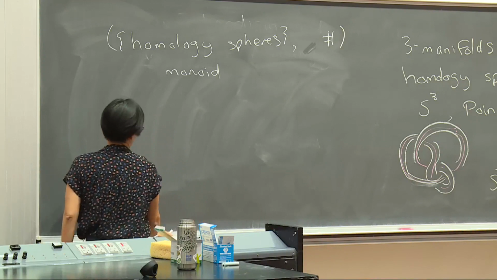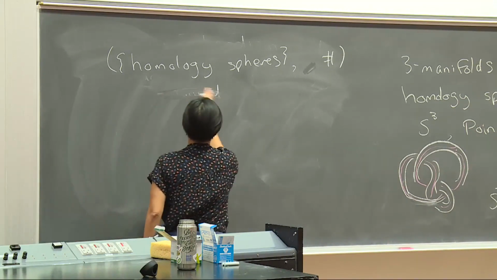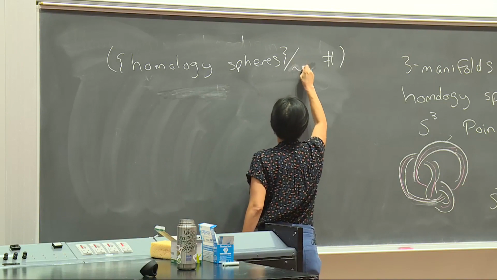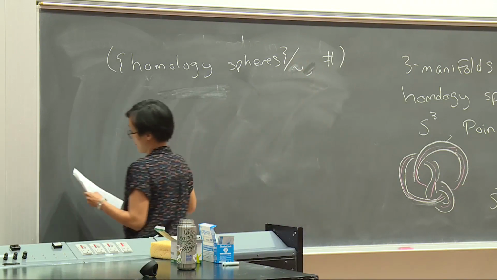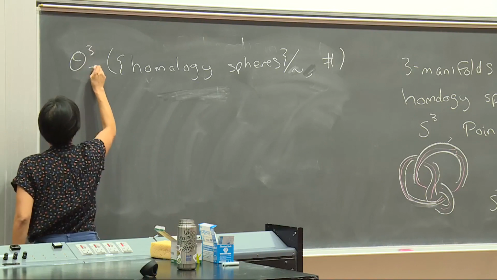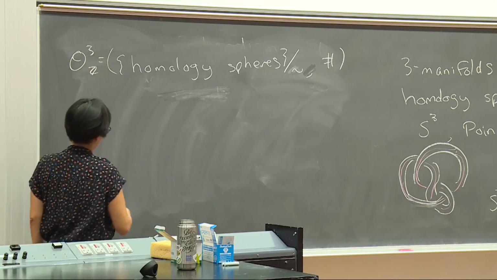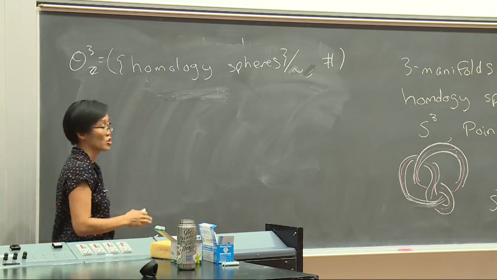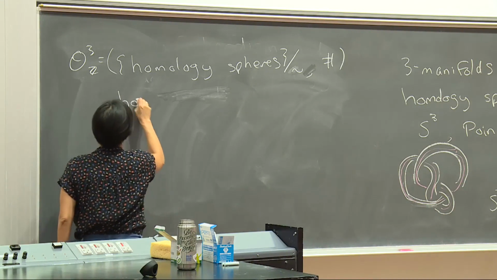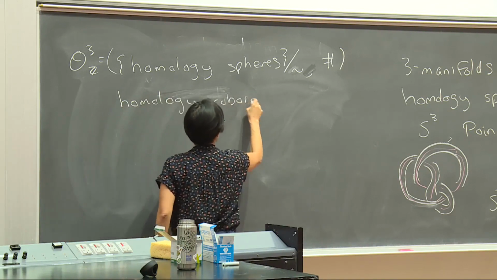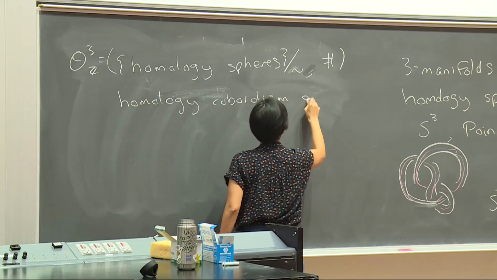So what equivalence relation should we mod out by? We're going to mod out by something called homology cobordism. I will denote this Θ^3_Z. The 3 is because we're talking about three-dimensional manifolds, and the Z is because we're talking about integral homology. This denotes the homology cobordism group.